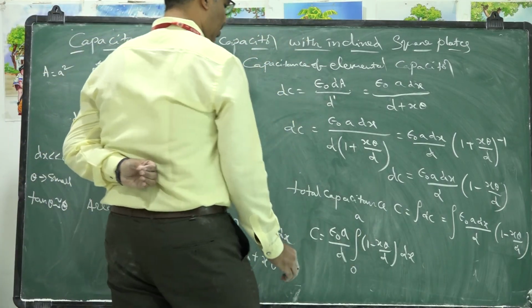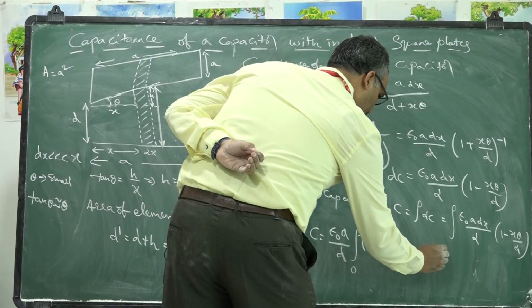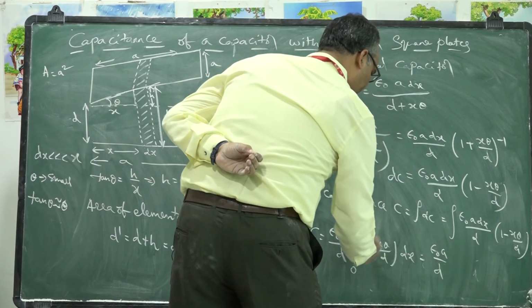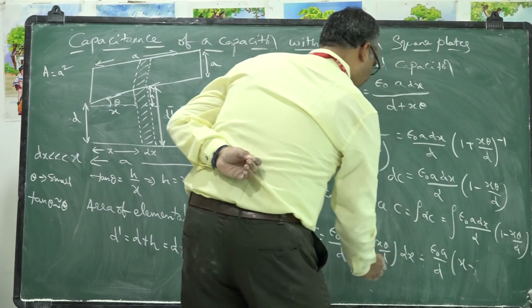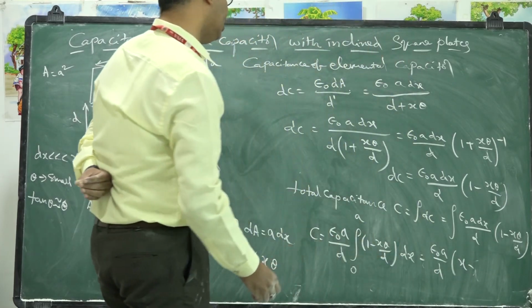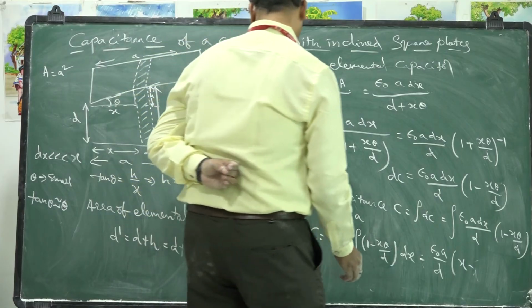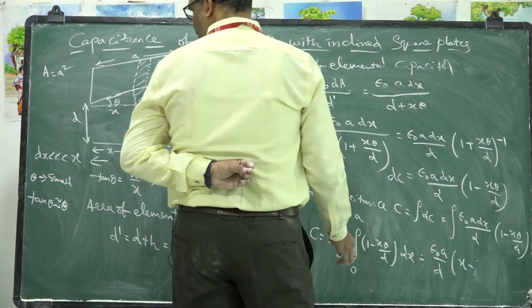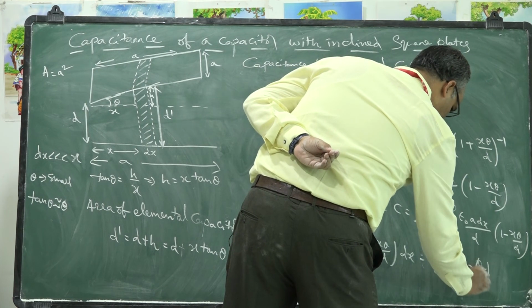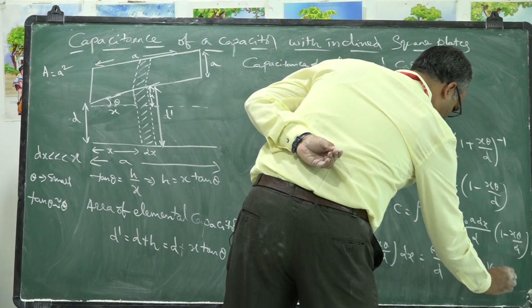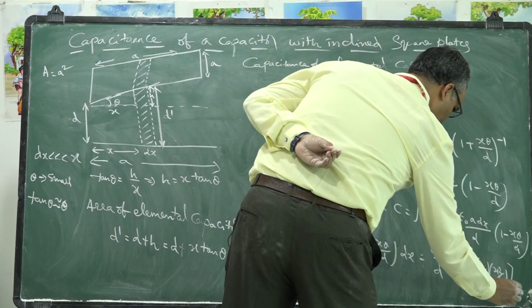On simplification, epsilon naught a by d, integral of dx is x; theta by d is constant, and x dx means x square by 2, with limits from 0 to a.